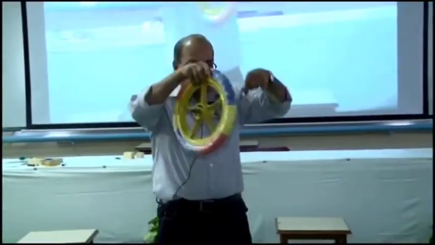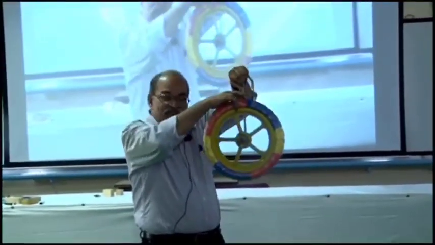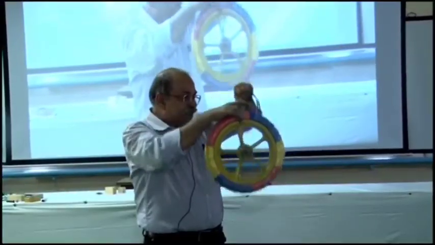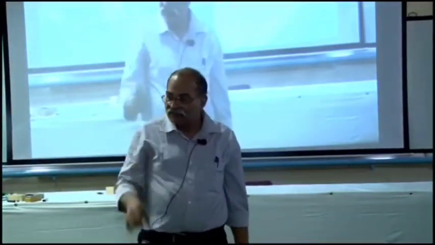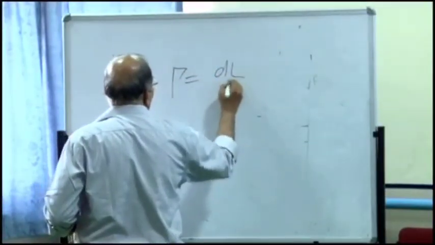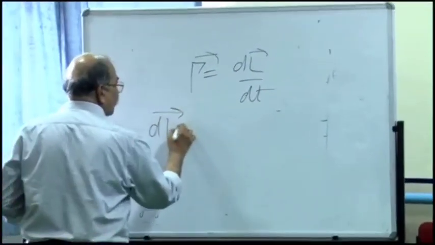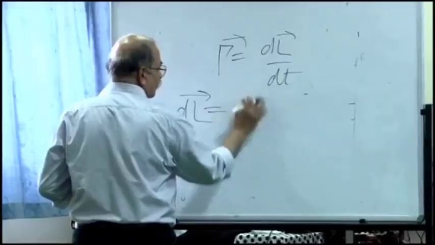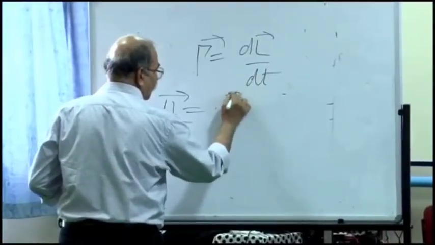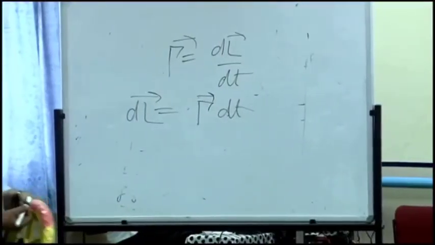All right, so I'll just give a small hint and I'll close it here. See, when I just left it from here, the angular momentum was 0 to start with, correct? And therefore, when I applied a torque, which is dL by dt, so dL should be equal to torque into dt, right?